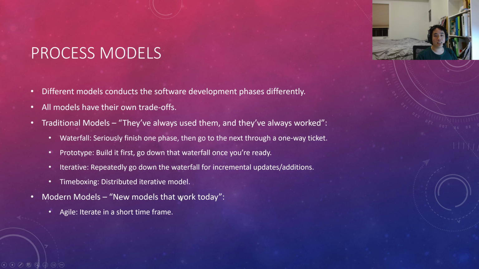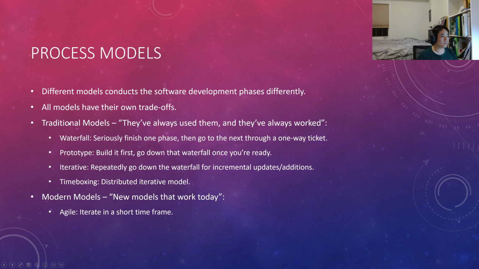So when we deal with software development, there are different ways you can go about it, and the way we conduct software development can be categorized into different patterns, and we call these process models, like SDLC models.